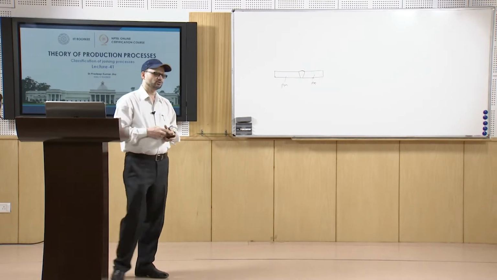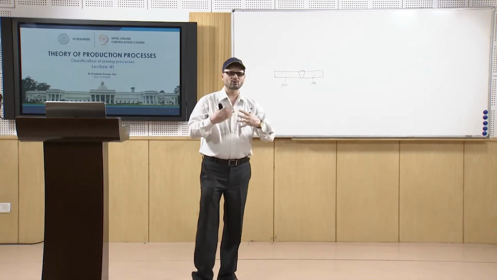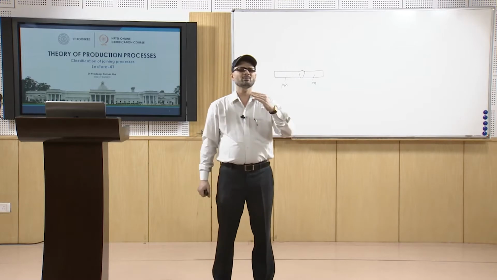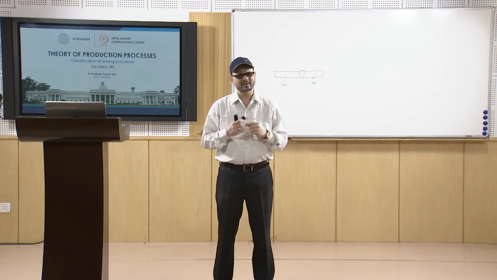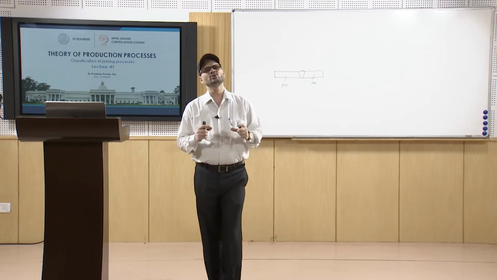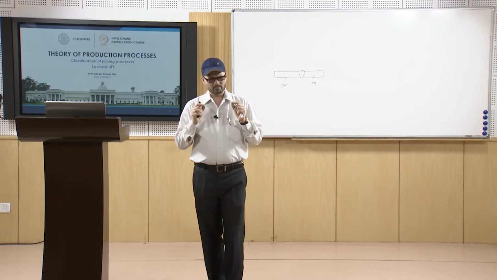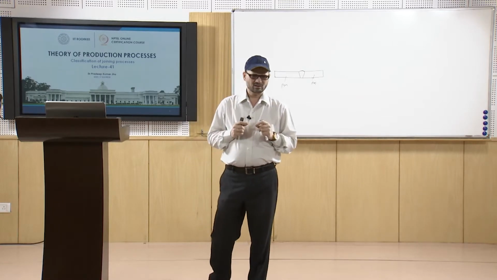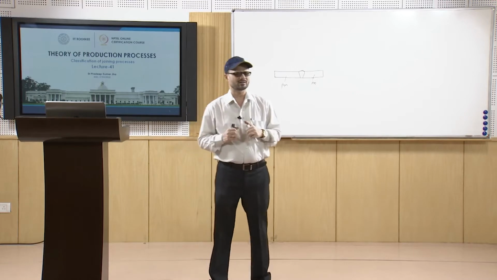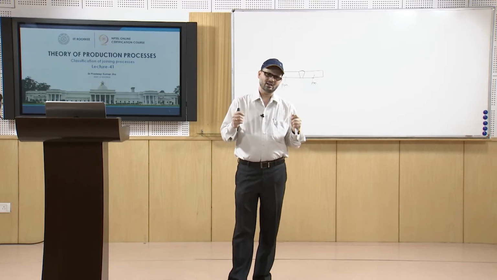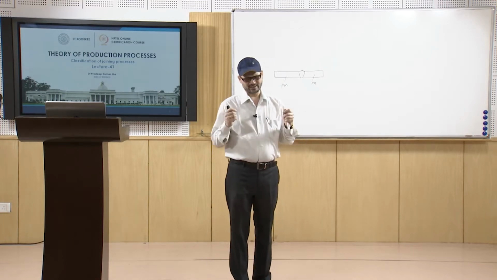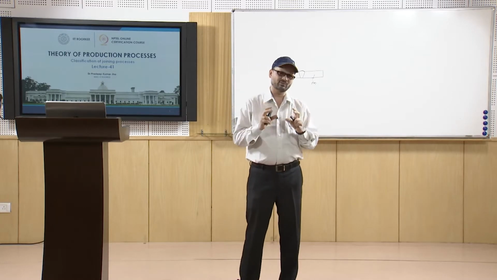Similarly, you have the non-consumable electrodes. Non-consumable electrode means the electrode does not get consumed, it is only used for the production and sustenance of the arc. The two electrodes, one cathode and one anode, are used for the production of the arc.